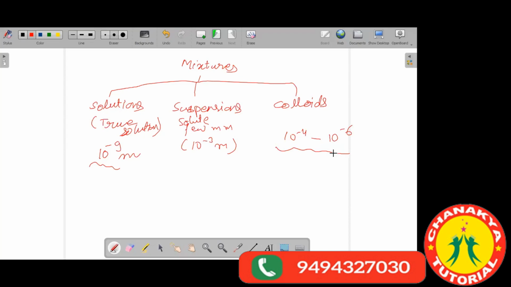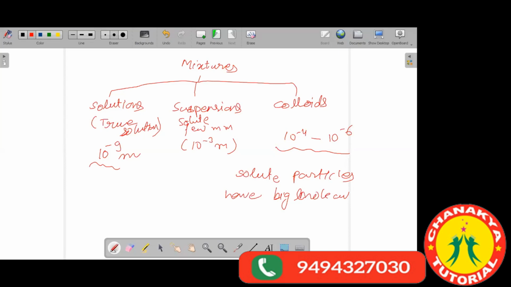Generally, colloidal solutions will be formed if the solute particles have big molecules, large molecules.